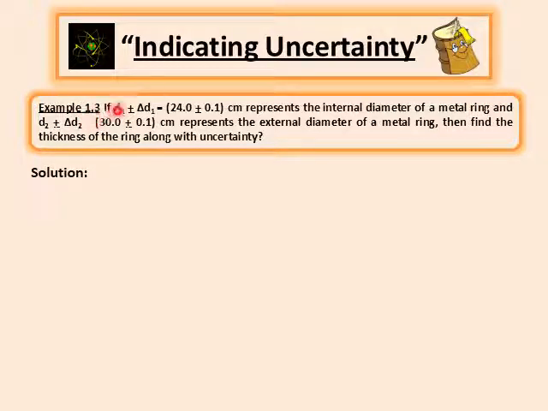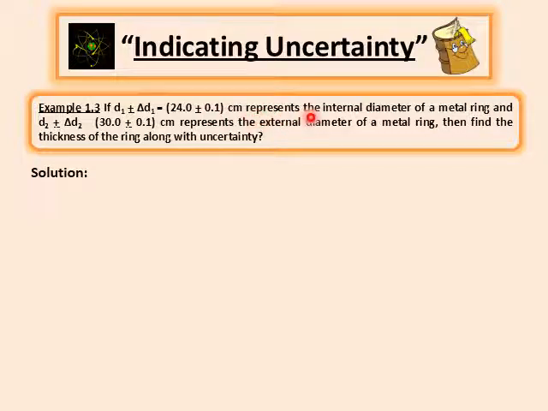If d1 plus delta d1 is equal to 24.0 plus minus 0.1 centimeter, basically students, d1 is the value or diameter, and this delta d1 is the representation of the uncertainty in the value of the diameter. So the diameter is 24.0, and this value with plus and minus delta d1 shows the uncertainty in the diameter.